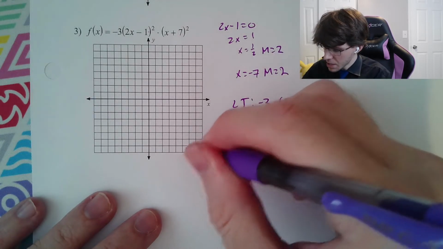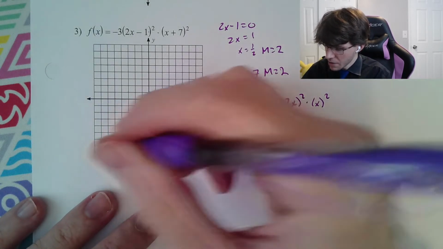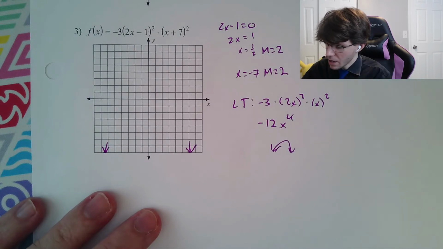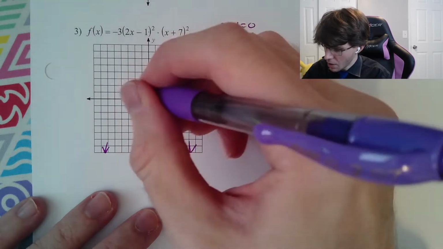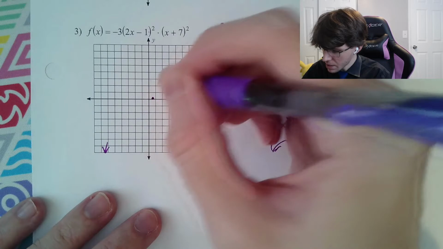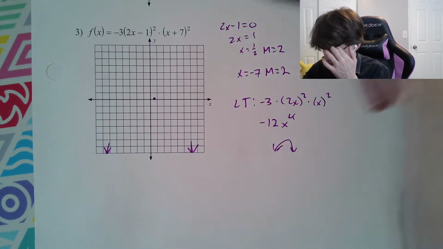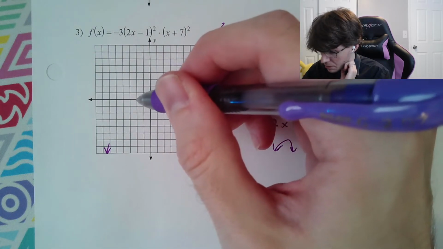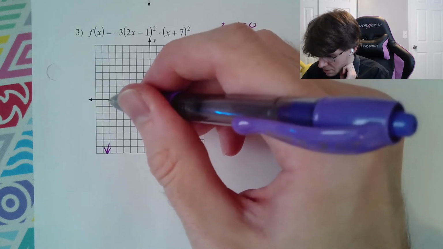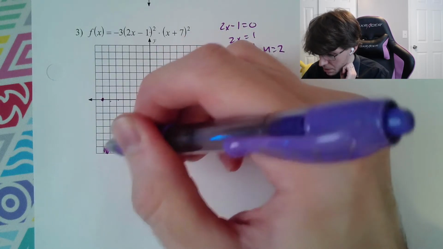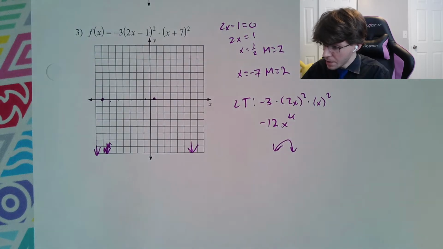So we're going to go down over here, down over there, and we have zeros at 1/2 positive right there, and then negative 7. So 1, 2, 3, 4, 5, 6, 7. Oops, I'm going to have to rewrite my arrows. It's going to have to be over here.